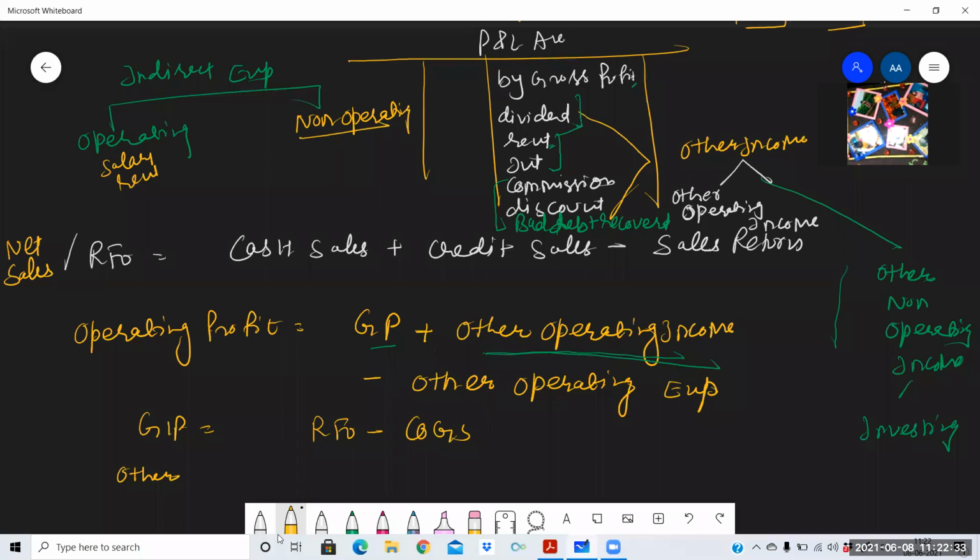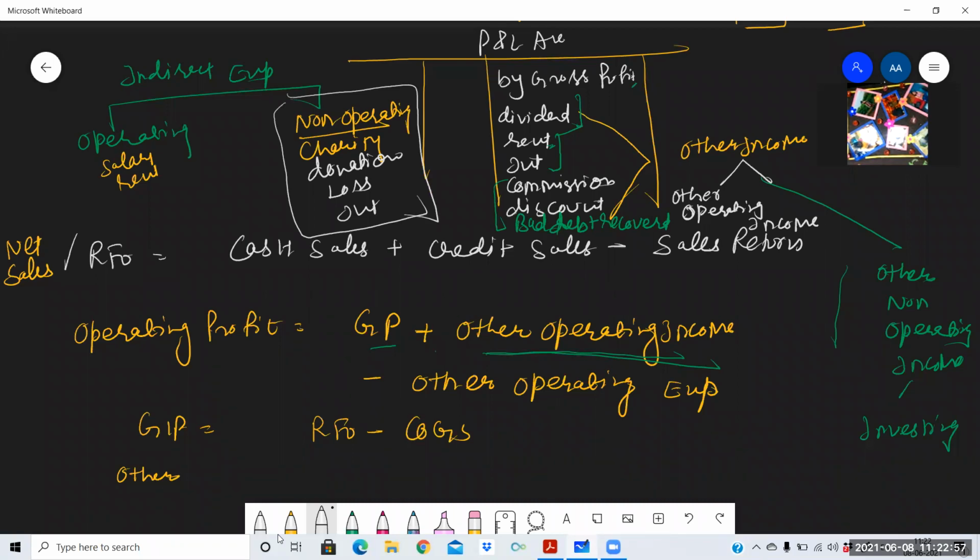Non-operating means the expenses which are not the operating expenses. So what are the non-operating expenses? Yesterday I also told you: charity, donation, any type of abnormal losses like loss by fire, loss by theft, and interest. So these four are non-operating expenses.